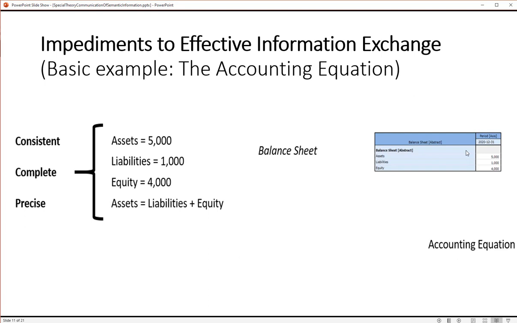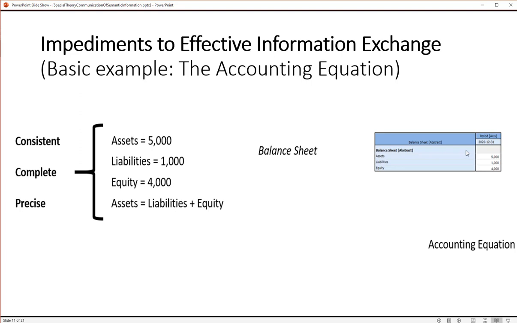So here's a simple example that every accountant should understand: the accounting equation. So the accounting equation is basically assets equals liabilities and equity. So you have three terms: assets, liabilities, and equity. Those terms are associated to form a structure called a balance sheet.